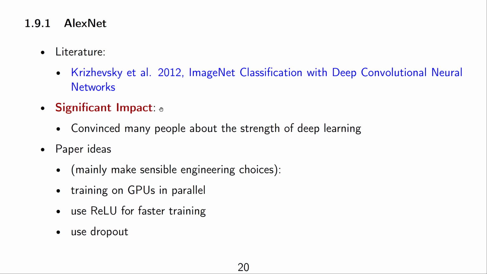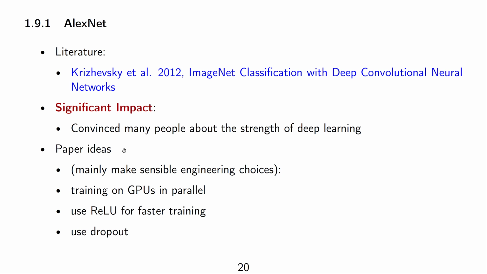And this big defeat of all other methods convinced a lot of people to invest time and energy into deep learning. The ideas presented in the paper are mainly sensible engineering choices that show how to engineer a neural network that works really well.